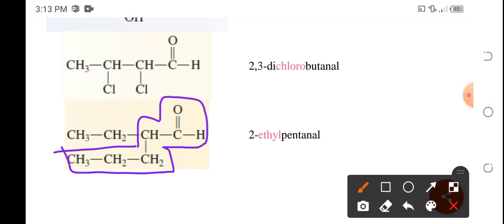So this time, this is pentanal, and what is not included again is these atoms or alkyl group, and that is ethyl. Okay, so saan siya naka-attach? On the second carbon atom. Ang reference natin is the carbonyl carbon to be carbon number 1. Okay, so therefore, final answer would be 2-ethyl pentanal.